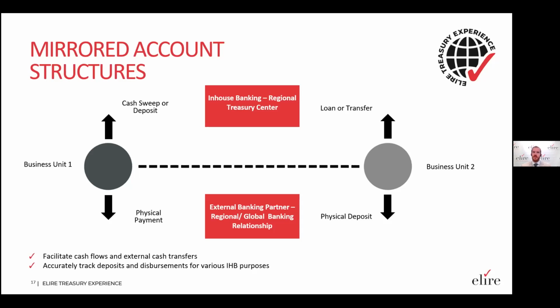That's what we're talking about when we say this mirrored account structure, because we have our external accounts and our internal accounts. So we know from the external facilitated movement of funds where it's going, and because our internal accounts are tracking on the mirrored side the internal movement of funds, we can track accounting for both ends.